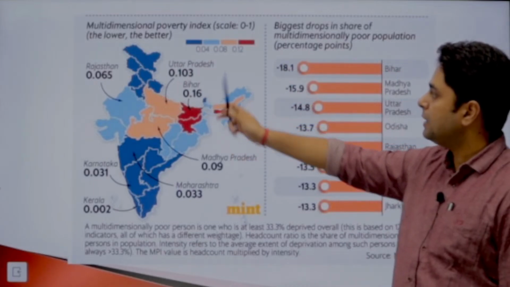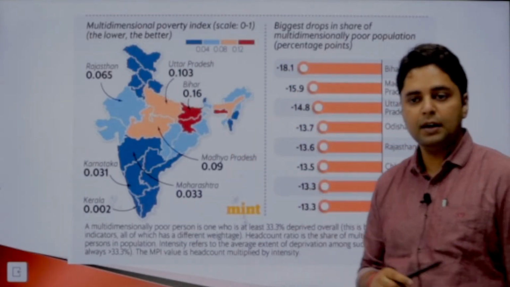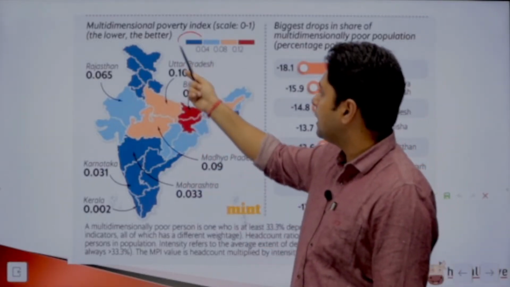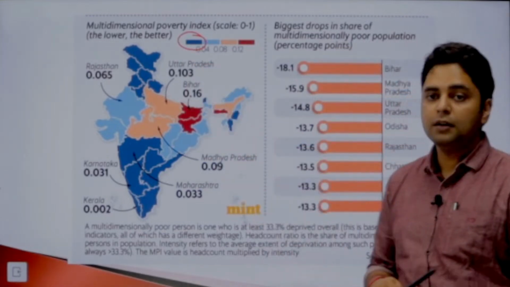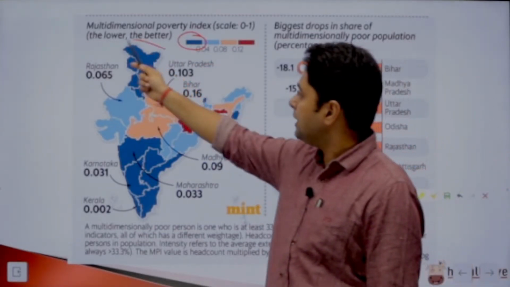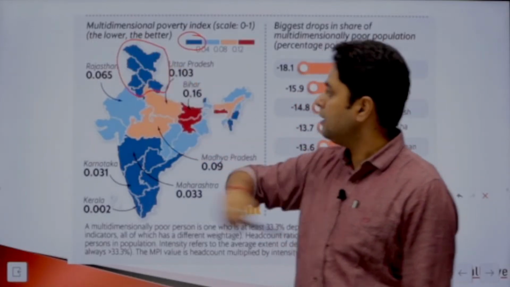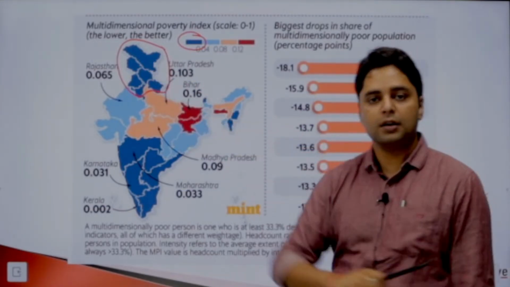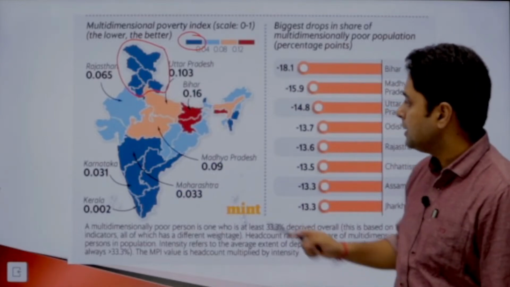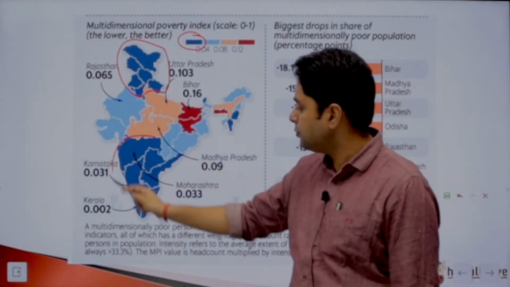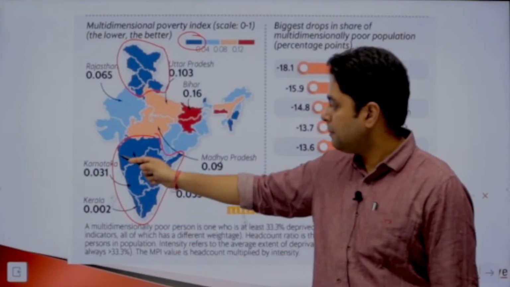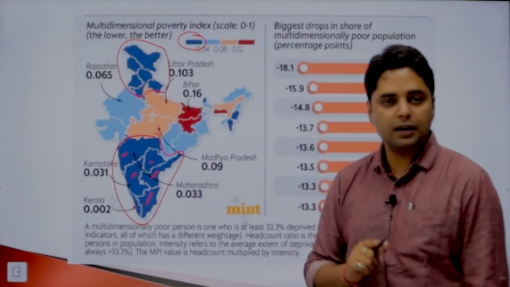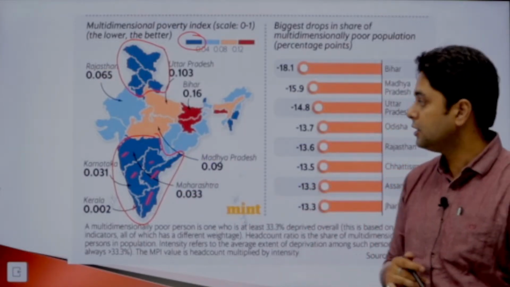अब अगर इस चार्ट को भी हम देखें ध्यान से, सो दिस इज मल्टी डायमेंशनल पॉवर्टी इंडेक्स और कहाँ पे मल्टी डायमेंशनल पॉवर्टी सबसे ज़्यादा है, कहाँ पे सबसे कम है। अगर सबसे कम वाले एरियाज को देखें, सो यू कैन टेक अ लुक कि जो डार्क ब्लू कलर है, दिस शोज द लोएस्ट मल्टी डायमेंशनल पॉवर्टी। तो अगर नॉर्थ इंडिया में देखें, यहाँ पे मल्टी डायमेंशनल पॉवर्टी बहुत कम है। जम्मू एंड कश्मीर, लद्दाख, पंजाब, हरियाणा, हिमाचल एंड उत्तराखंड, सबसे कम मल्टी डायमेंशनल पॉवर्टी। सिमिलरली साउथ में देखें तो ऑलमोस्ट पूरा ही साउथ इंडिया काफ़ी अच्छी पोजीशन में है। महाराष्ट्र, कर्नाटक, केरला, तमिलनाडु, आंध्र प्रदेश एंड तेलंगाना, all of them are very good in performance.